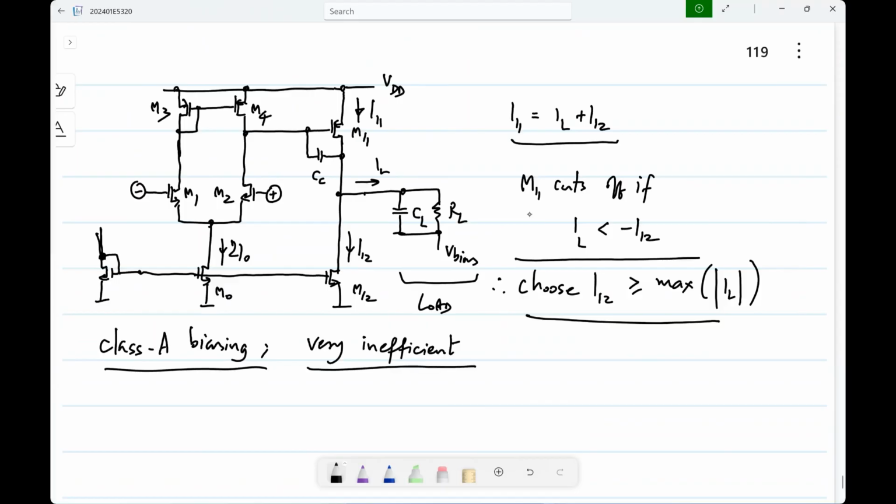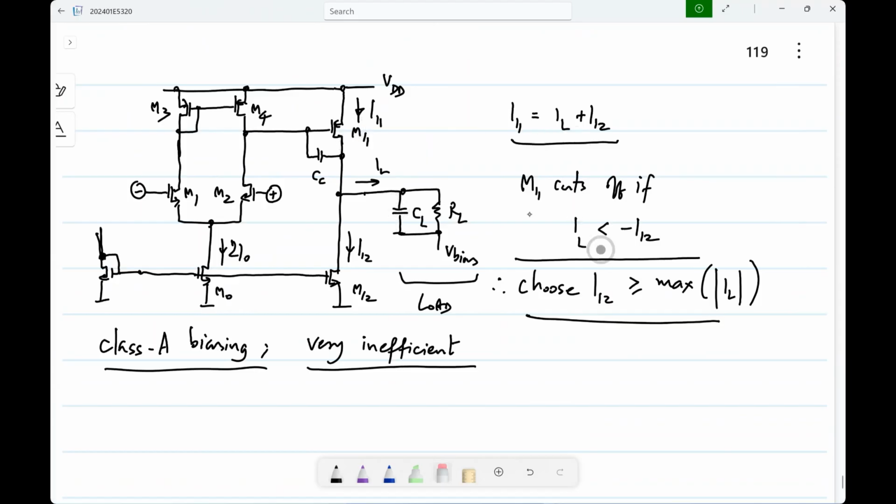So people have tried to come up with other biasing techniques where the quiescent current is small, but as the signal increases, right, a higher current can be delivered. Okay. Now there are many such techniques, but I'll just go to one, and we can get a hint right from here.